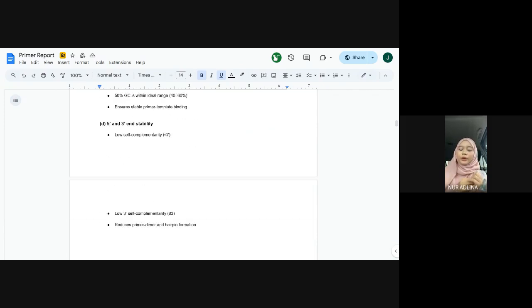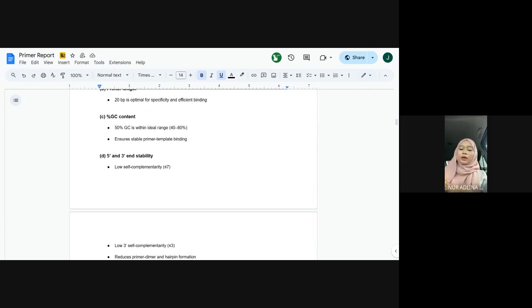The third one is percent GC content. They have 50% GC, which is within the ideal range, so it can ensure stable primer-template binding. Lastly is stability.